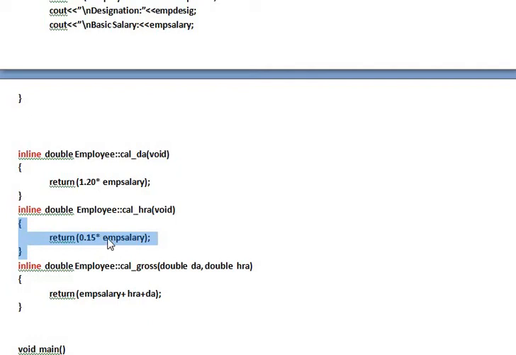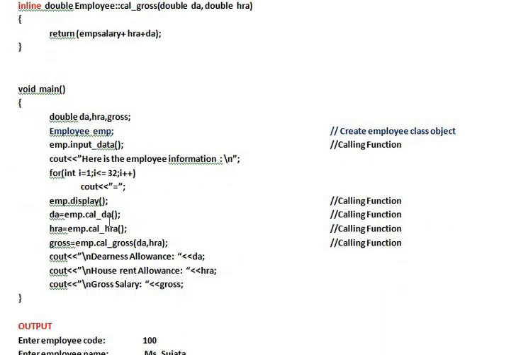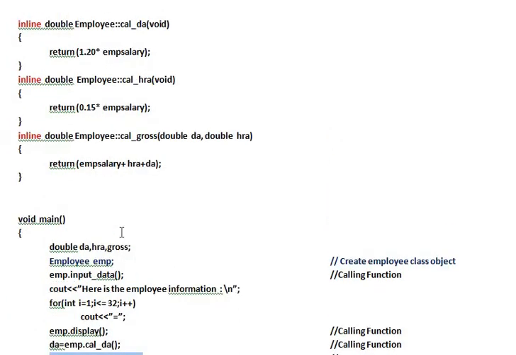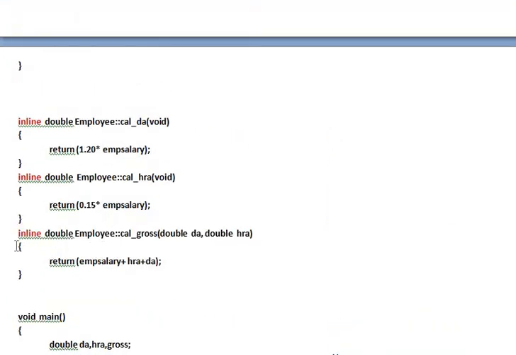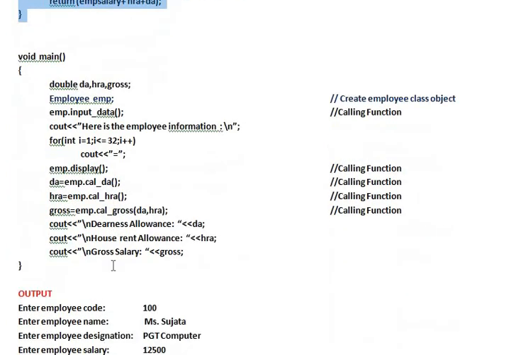The function body of the member function cal_HRA can be directly substituted into the calling function over here, and the function body of the member function cal_gross can also be easily placed into the calling function emp.cal_gross, where emp is the object name used to access the function cal_gross.